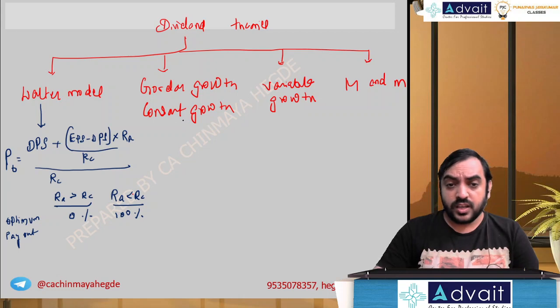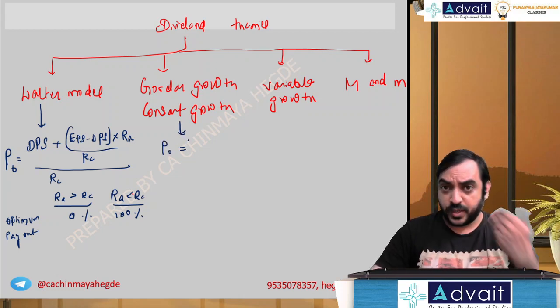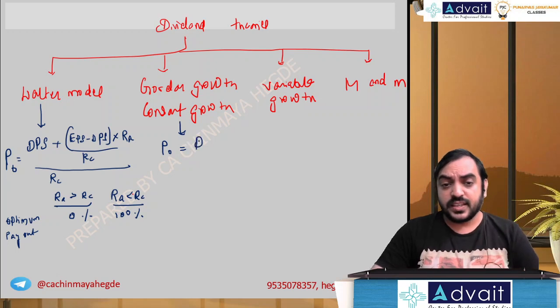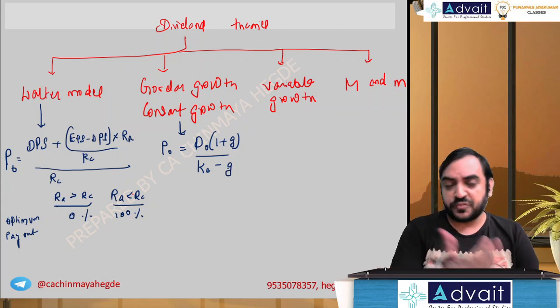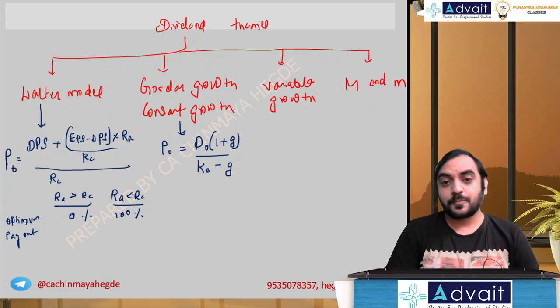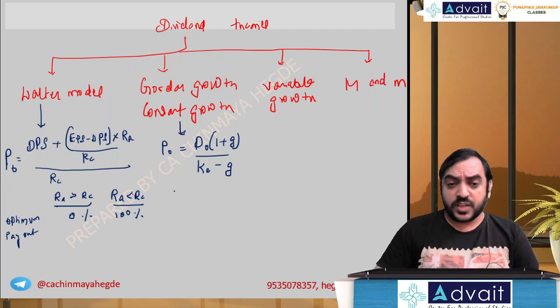Gordon growth model, the formula is given by P0, that is his opinion. P0, the price today, is D0 into 1 plus g, D0 being the dividend just paid, divided by Ke minus g. Ke is the cost of equity, g is the growth rate. And sometimes they will not give you the growth rate.